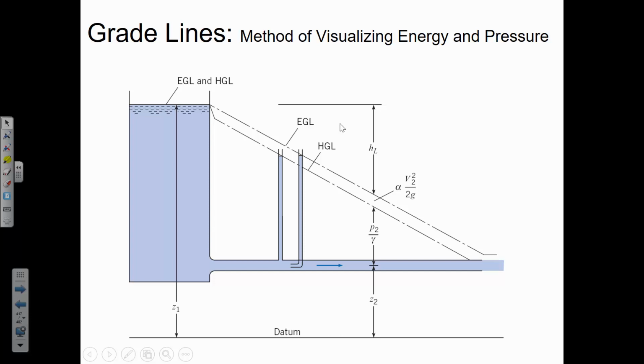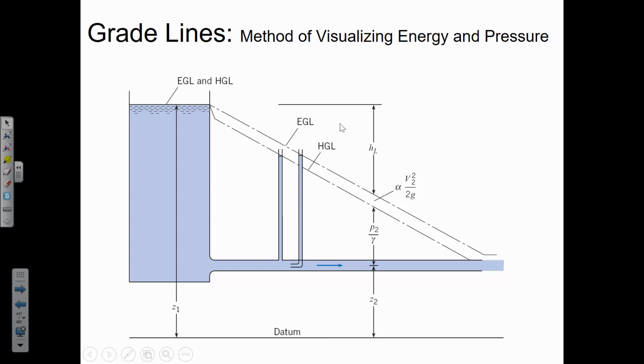And so EGL is going to be a graphical representation of the pressure head, the elevation head, and the velocity head at a certain spot, whereas the HGL, the hydraulic grade line, is just the first two, the pressure head and the elevation head. So in other words, EGL is the HGL plus the velocity head.